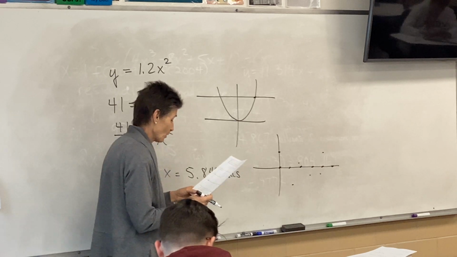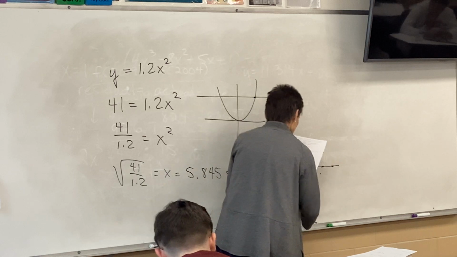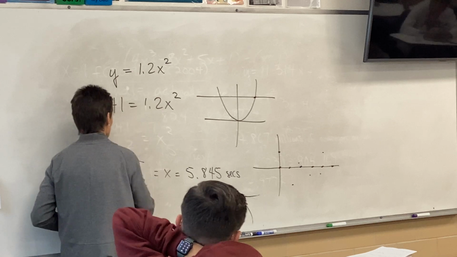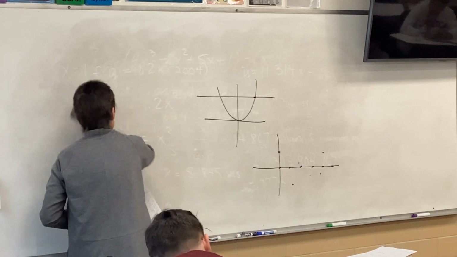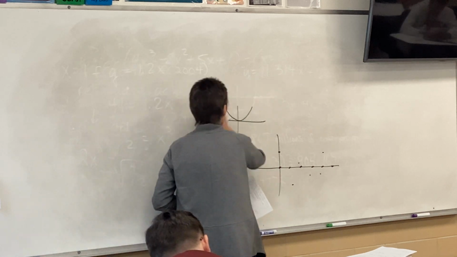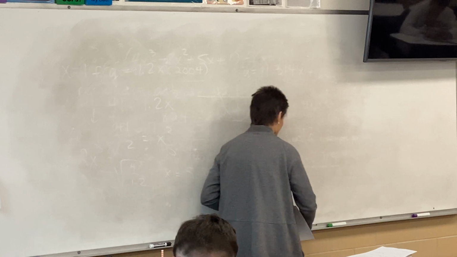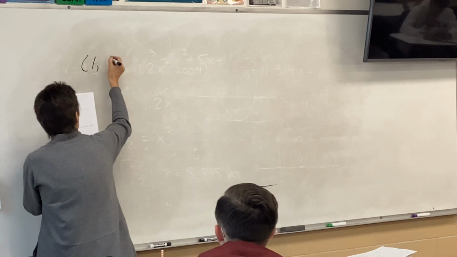Number 3, write the equation of a quadratic function containing these 3 points without doing regression. Okay, now it's not telling you you can't use your calculator, it's telling you you can't use regression. Okay, so who's got an idea about this?